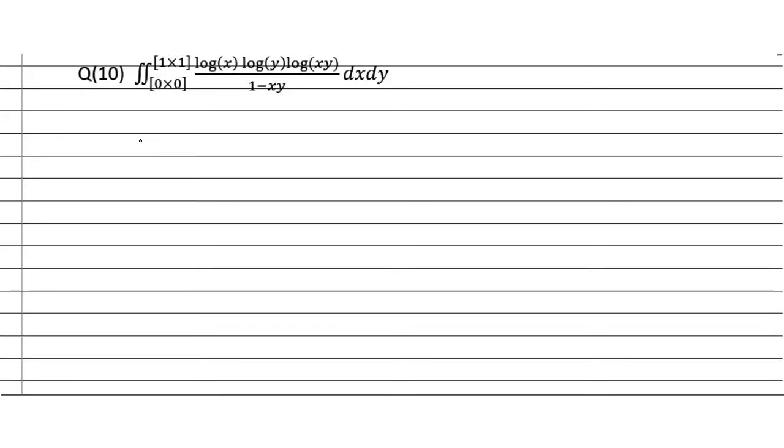So friends, now we will solve this problem. Double integration 0 to 1 of log x log y log xy times 1 divided by 1 minus xy dx into dy.